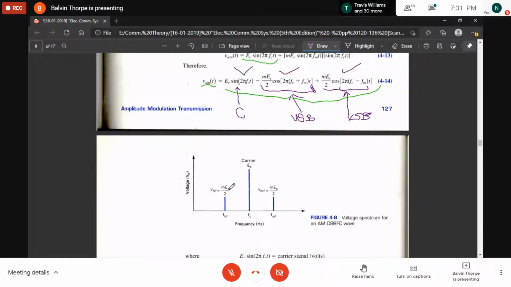The amplitude for the lower sideband is right here. That's the amplitude, agree? Which is a similar amplitude for the upper. This is the upper and this is the lower. But we said that the upper frequency is FC plus FM.